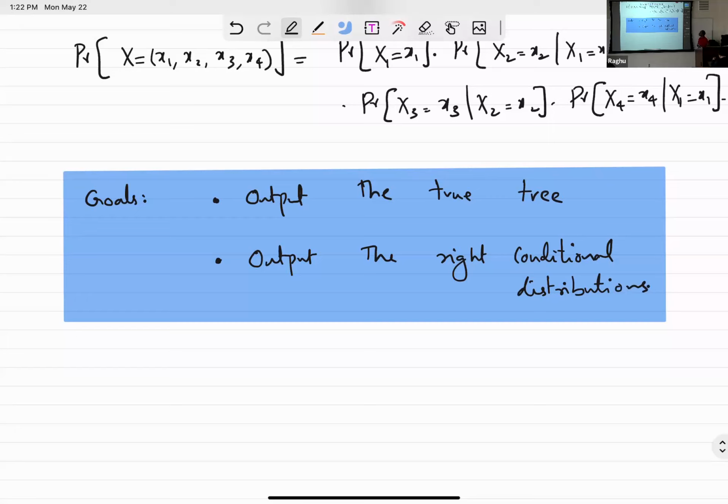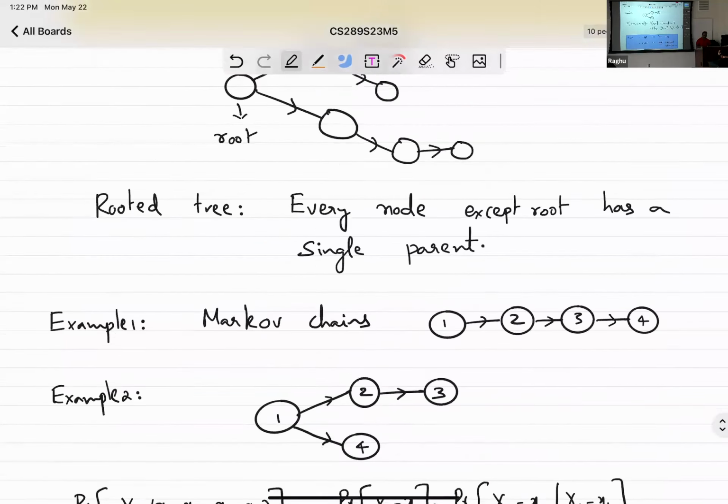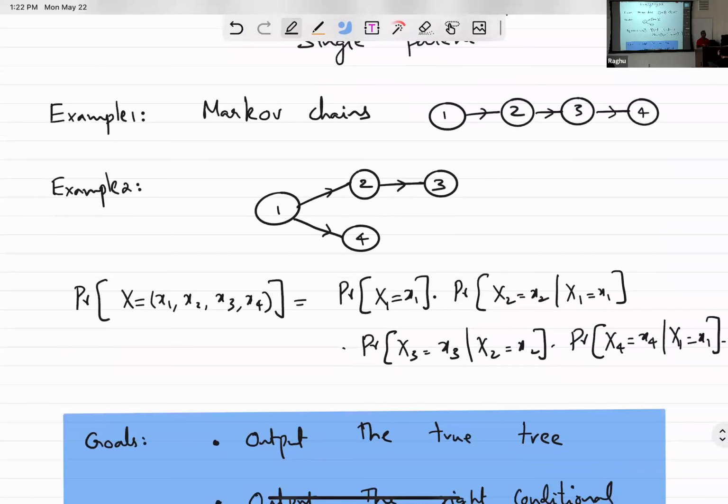Tree structure seems like a pretty strong constraint, but it's not that. There are situations where it is reasonably common. If you think of some kind of gene mutation, sometimes the mutations happen on a single gene. You're tracking how the mutations progress, you mutate, and then that branches into other mutations and so on.